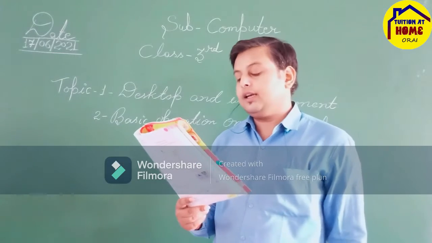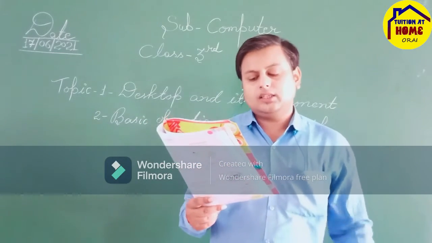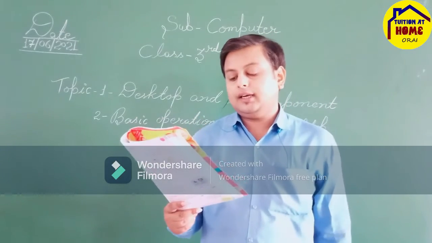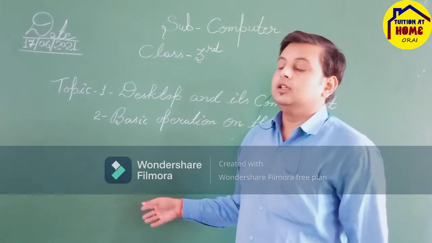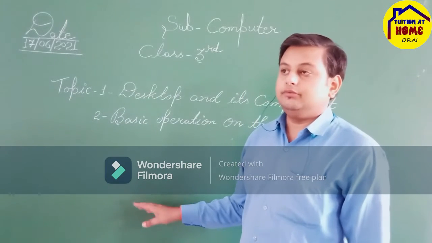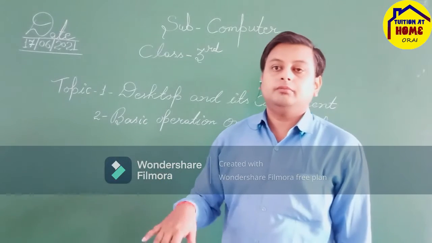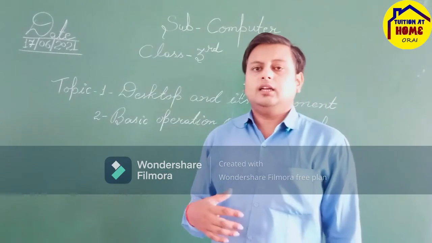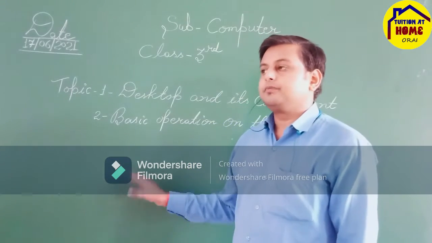Now we can activate an application window by clicking on its taskbar button, as I told you, only one time. We can also add or remove items from the taskbar. If we want to add some other application, we can do that. And if there are too many items on the taskbar and some are irrelevant and not in proper use, you can simply remove them.